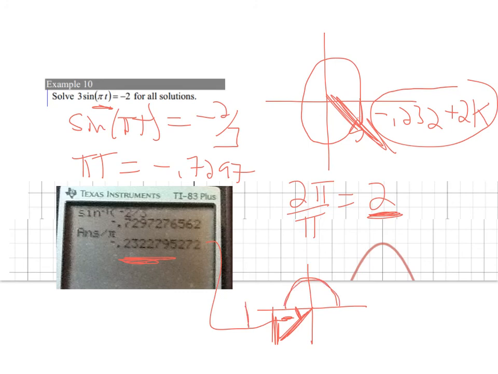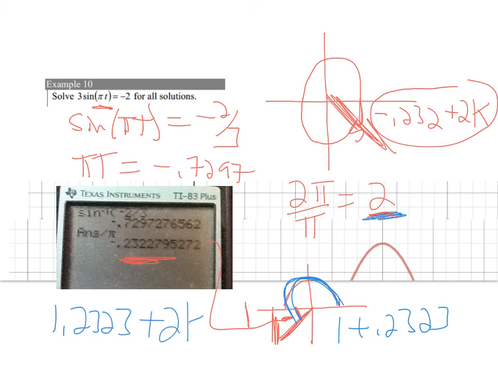So this whole angle here works out to be 1 plus 0.2323, so I've got 1.2323. In order to get back there, I have to do a full rotation. Full rotation is 2, and then k will give me the rest of them.